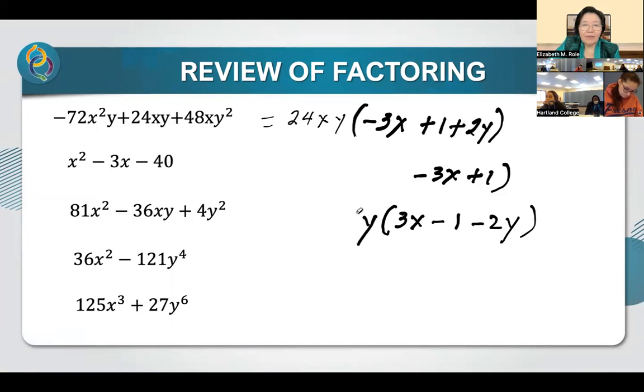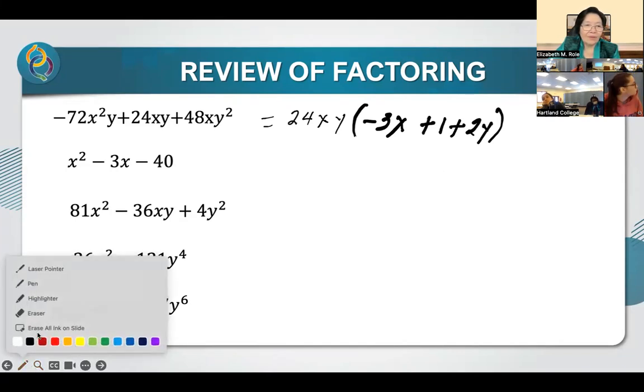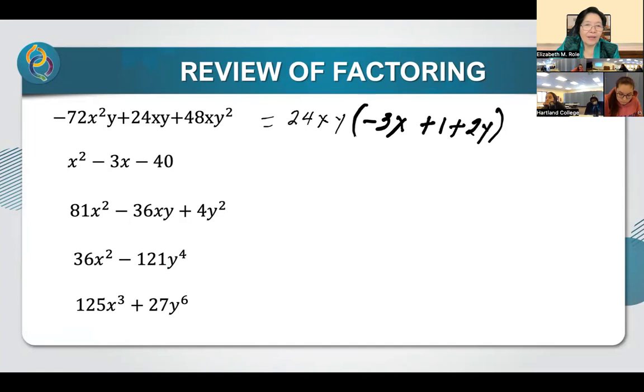All right. Look at x squared minus 3x minus 40. That is now a trinomial with leading coefficient 1. Because that is not a perfect square trinomial anyway. So, how do we factor x squared minus 3x minus 40?